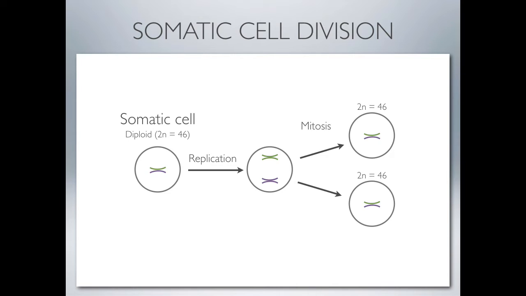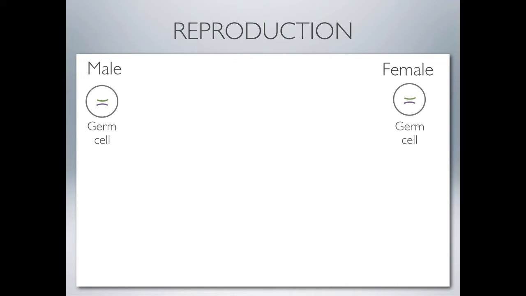All right, so somatic cell division can be contrasted to the division that goes on to produce gametes. Because, of course, the goal is to produce a zygote that, like every somatic cell in your body, has these 46 chromosomes. Or chromatids, I mean.